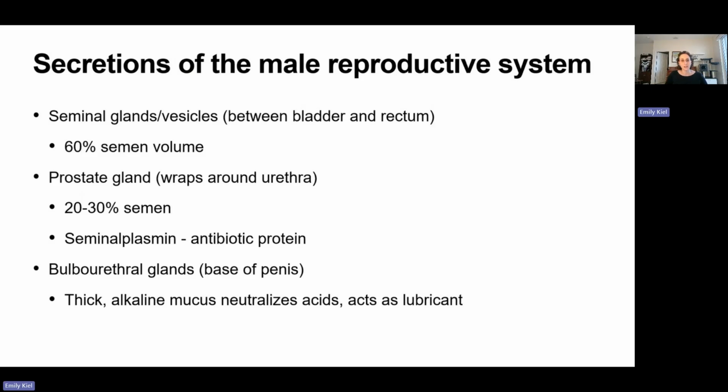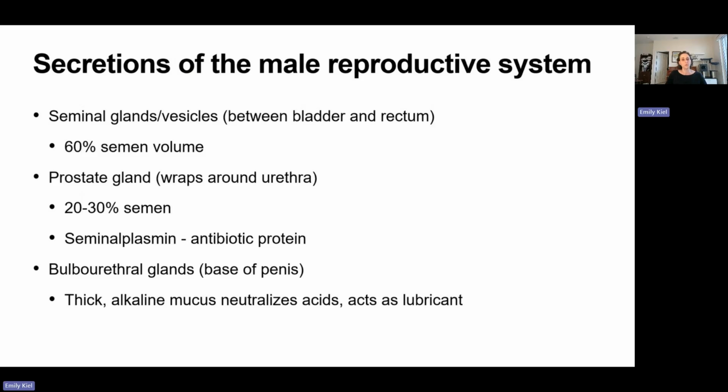You've got the prostate gland that wraps around the urethra, so the urethra actually runs through that gland, and that makes up 20 to 30% of the semen. And you have seminalplasmin that comes from the prostate gland that is an antibiotic protein that helps prevent urinary tract infections or prevent infections that may happen around that urethra.